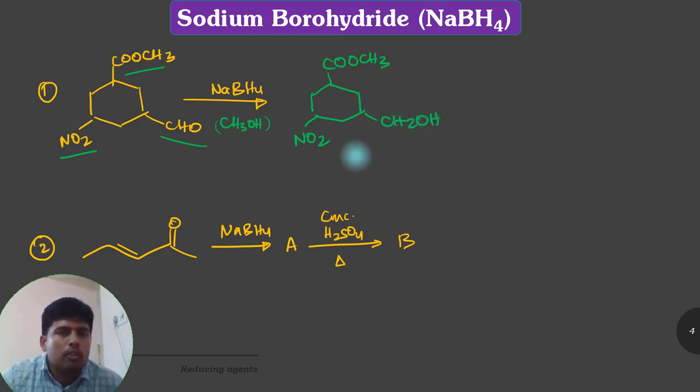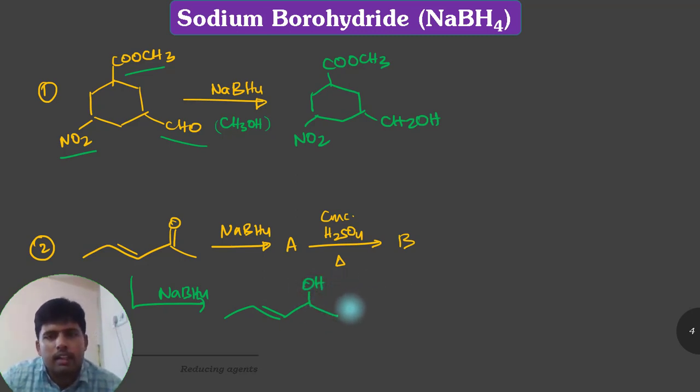Very simple. Now here, the NaBH4 will not affect the double bond, and it will selectively reduce ketone to secondary alcohol. Once we get secondary alcohol, then there is concentrated H2SO4, which is going to perform an elimination reaction.